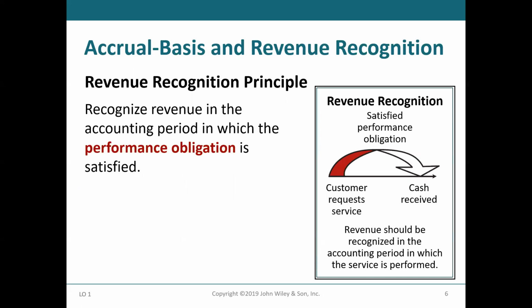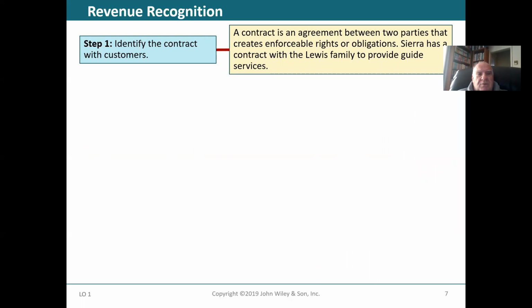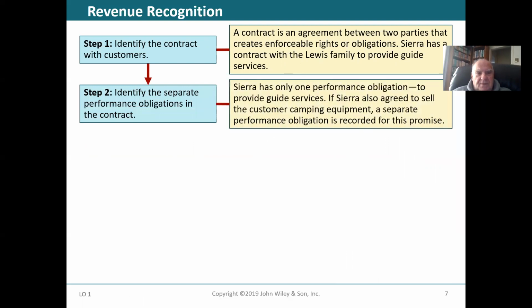Revenue recognition. You recognize revenue in the accounting period in which you perform the service. The customer requests service, cash received. Revenue should be recognized when you did the job, when you shipped the product or performed the service. Revenue recognition. A contract is an agreement between two parties. Sierra has a contract with Lewis to provide guide services. Identify the separate performance obligations.